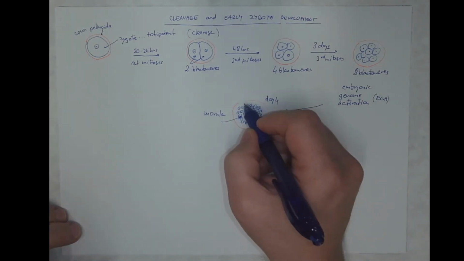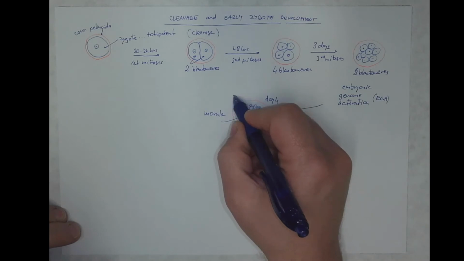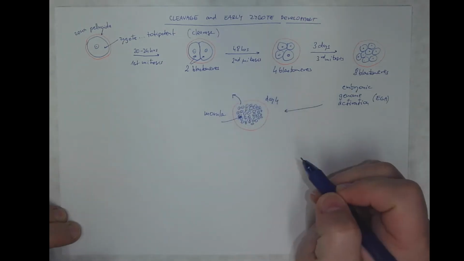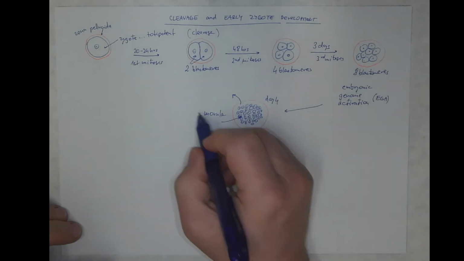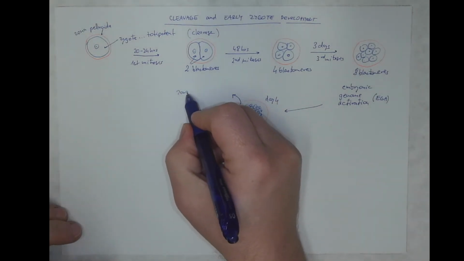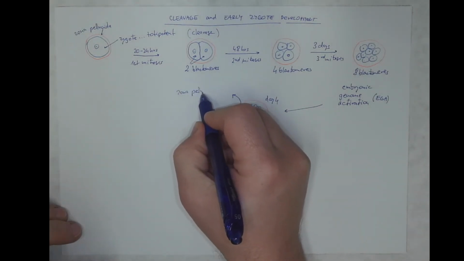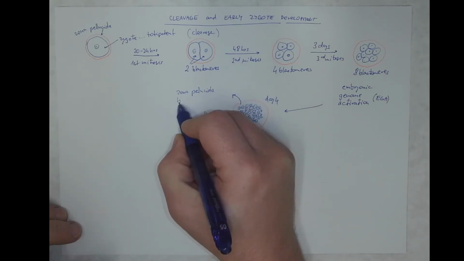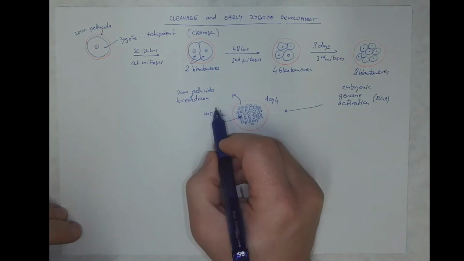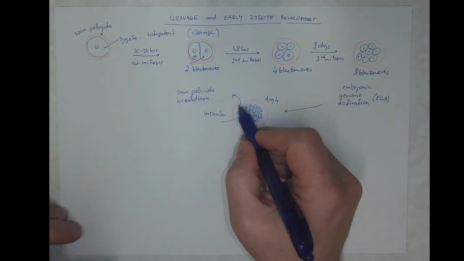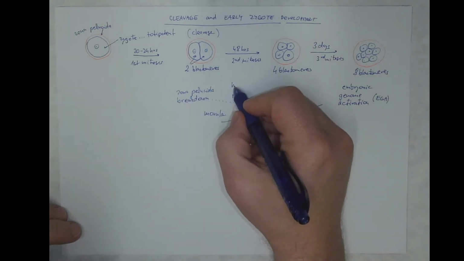Now the Morula will escape through an opening in the zona pellucida. There's a zona pellucida breakdown. And this escape is also called hatching.